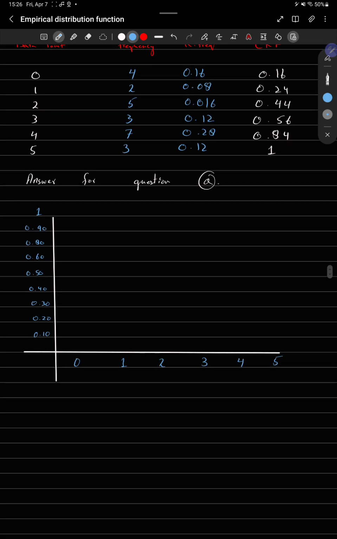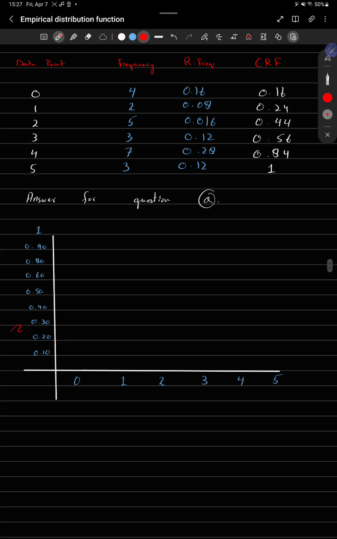Okay, now we can say here, we have cumulative relative frequency here, and we have here data points. Okay, so for 0 we have 0.16, so it will be almost here. So we will draw a line here.